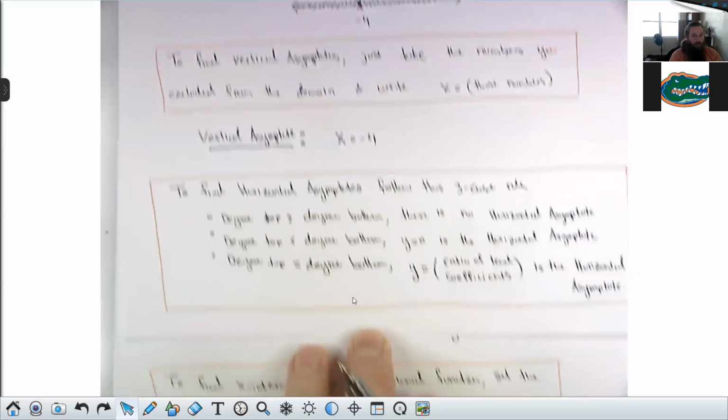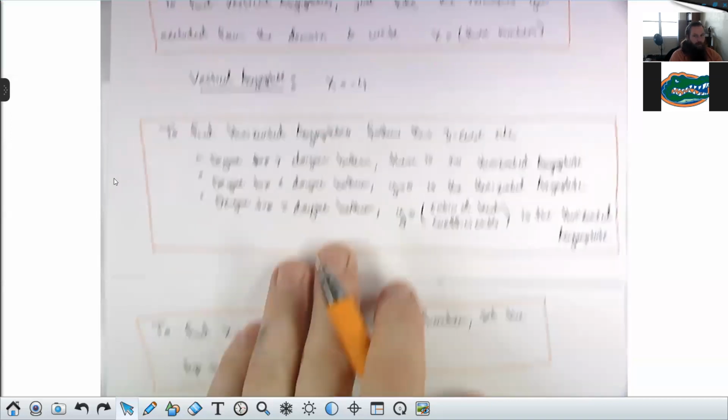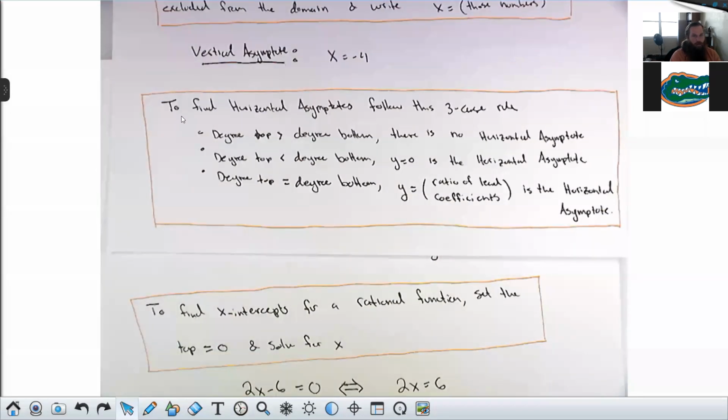To find horizontal asymptotes, we follow this 3-case rule. This is maybe the most complicated piece here. So it all depends on the degree of the top compared to the degree of the bottom. If the degree of the top is bigger than the degree of the bottom, there's no HA. If the degree of the top is smaller than the degree of the bottom, then the horizontal asymptote is automatically y equals 0. If the degree of the top is equal to the degree of the bottom, then y equal to the ratio of lead coefficients will be your horizontal asymptote.